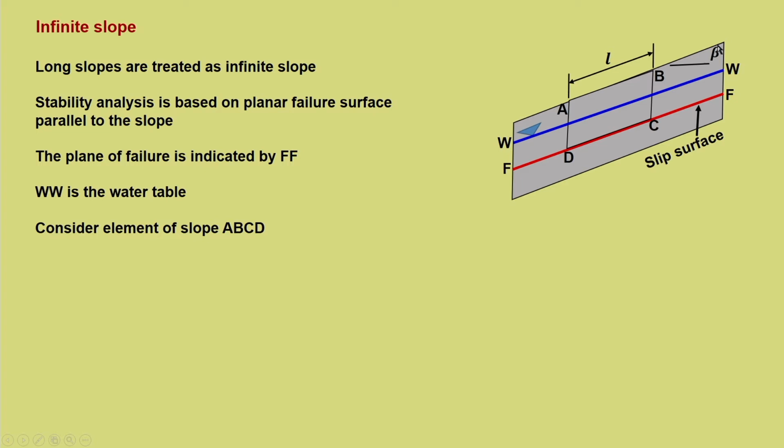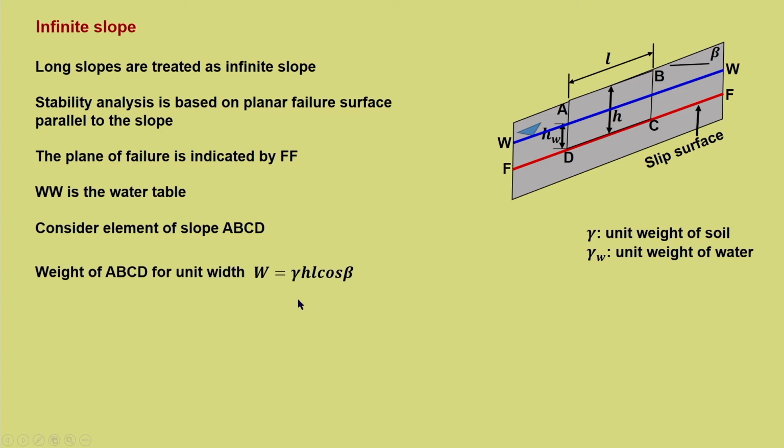The angle of the infinite slope is beta. HW is the height of the water table, that is, this particular distance is HW from the failure surface. Gamma is the unit weight of soil, gamma W is the unit weight of water.